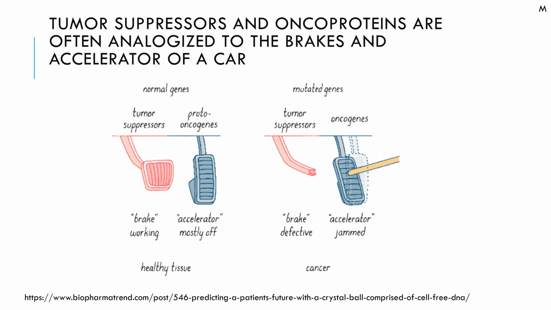All right, so I wanted to take a minute to reiterate what we covered with the tumor suppressors. The analogy here is the car pedal, the gas, and the car brake. The tumor suppressors are acting as brakes.